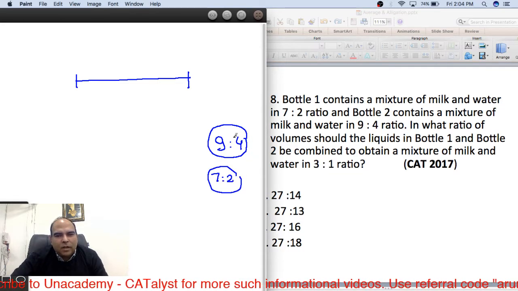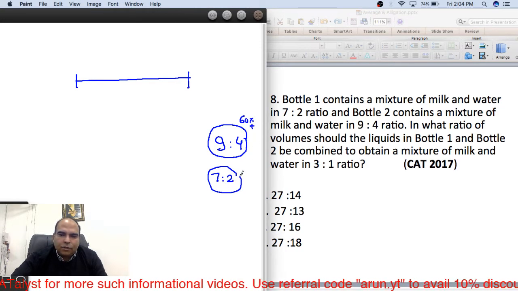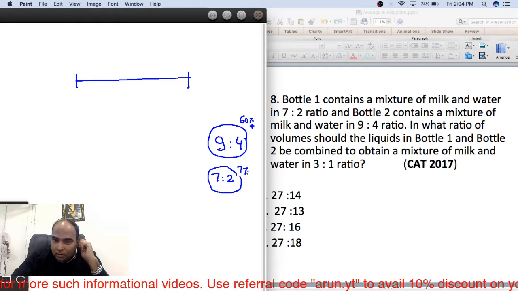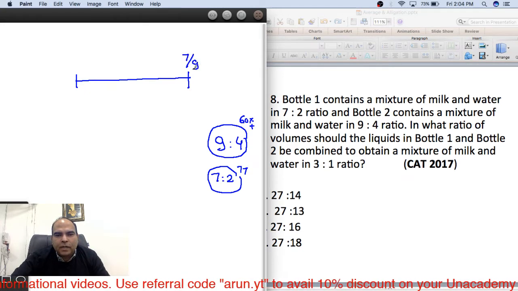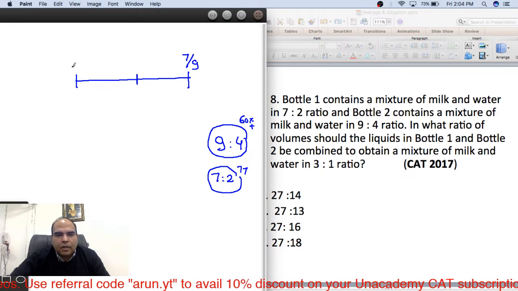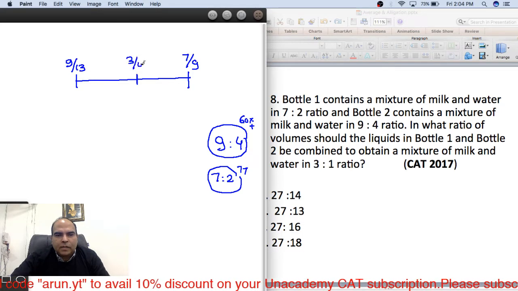So 9/13 converts to around 60% to 70%, while 7:2 converts to 77%. So we are trying to see which one should I put on the right side. तो 7/9 यहाँ पे आएगा, और 9/13 यहाँ पे आएगा, और 3/4 यहाँ पे आएगा, because that's the mixture I want.